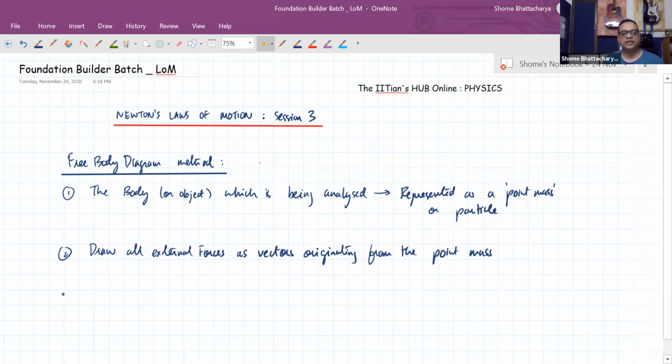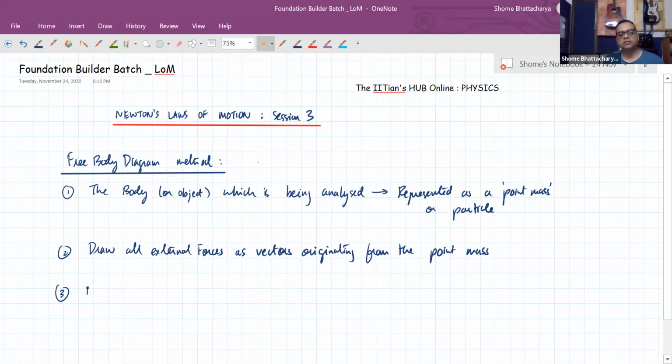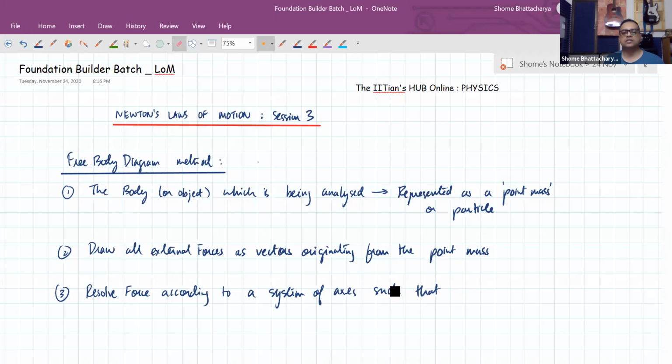Next, we resolve the forces according to a system of axes which is convenient with respect to its motion, whatever the motion of the body. I'll explain in examples what we mean by this third one.